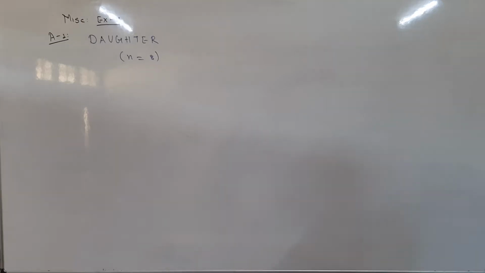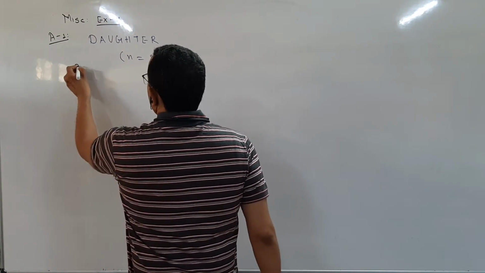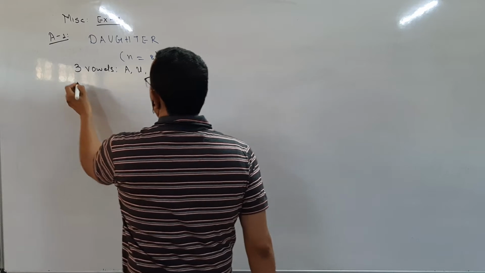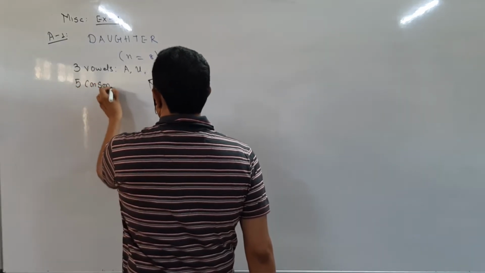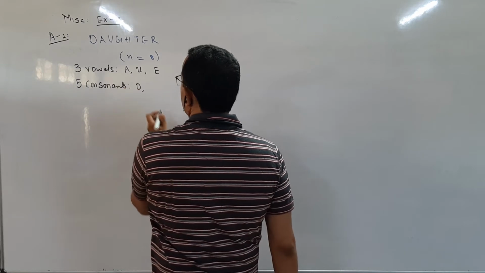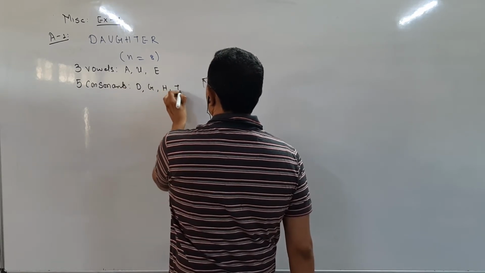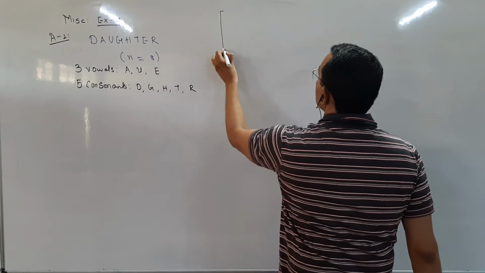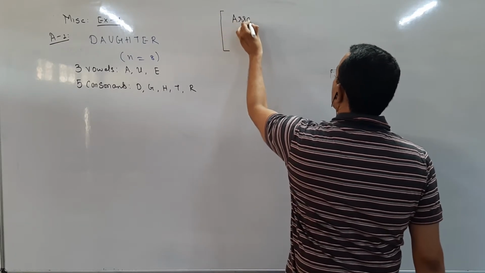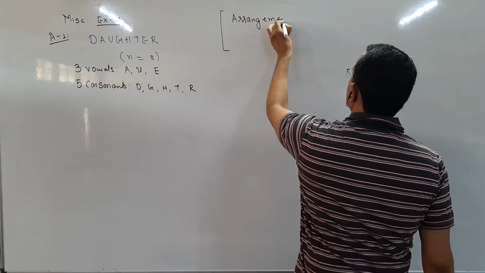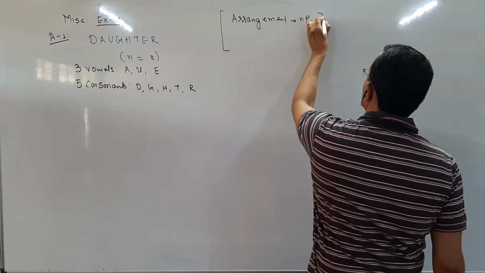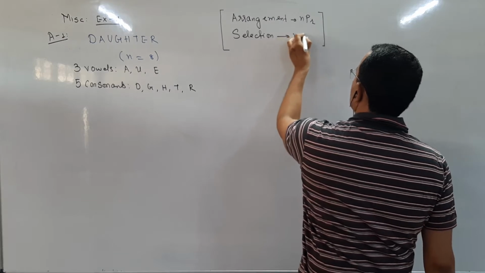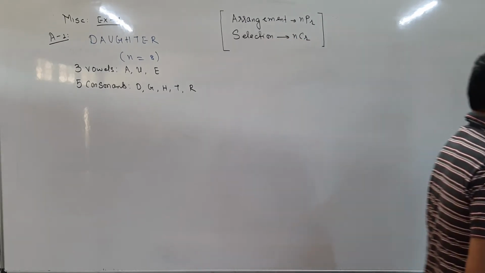So let us check how many vowels we have. The 3 vowels we have are A, U, E. So definitely we will have 5 consonants, which are D, G, H, T, R. Now this master key is universal: for arrangement we use permutation, and for selection we use combination.